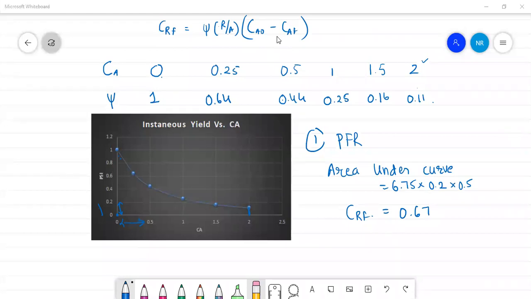Okay. Now, if I use the plug flow mixed flow reactor, then what should I do? I have to draw from here, and I have to go from here. So this one, the whole area under the curve I have to take.